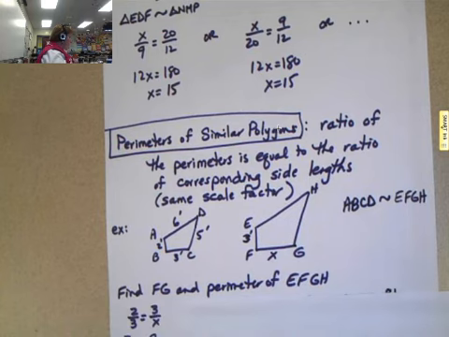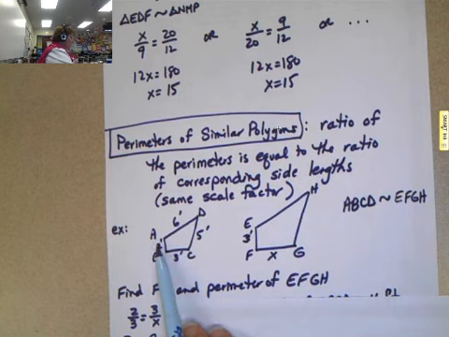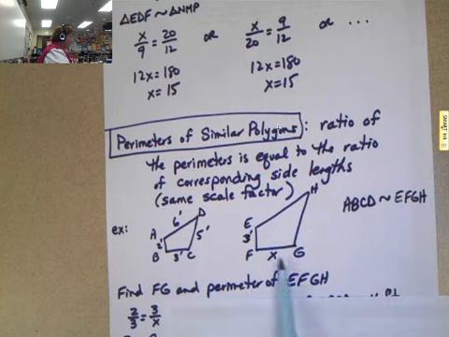So the first thing I did was set up 2 is to 3 as 3 is to X. I could have gone 3 is to 2 as X is to 3, because those happen to be the same thing. There are 8 different correct proportions for this.